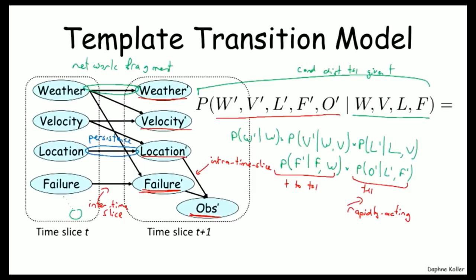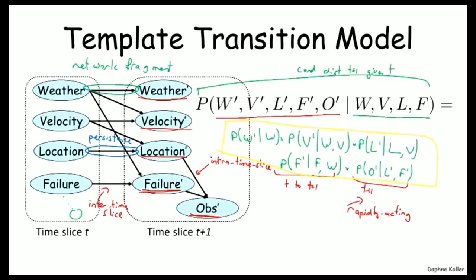Finally, let's just go back and look at the parameterization that we have in this model. So what CPDs did we actually need to include in this model? We can see that we have CPDs for the variables on the right-hand side, the prime variables, but there are no CPDs for the variables that are unprimed, the variables on the left.